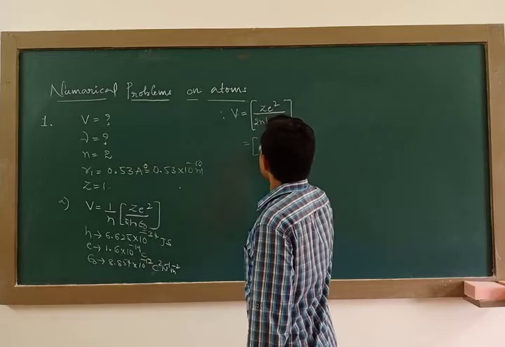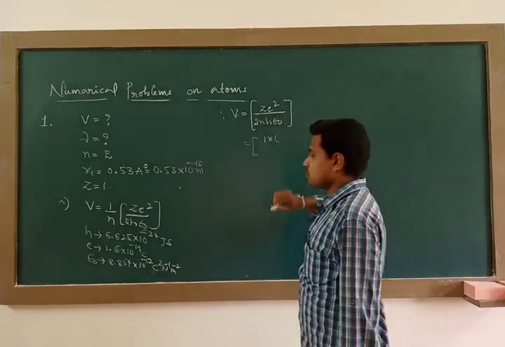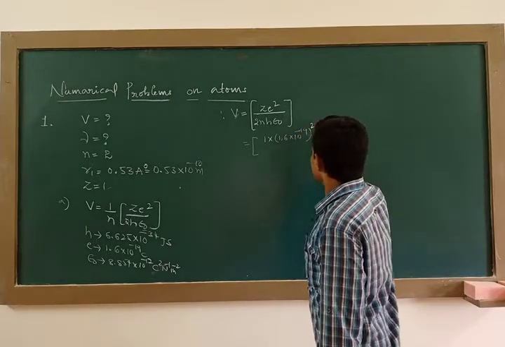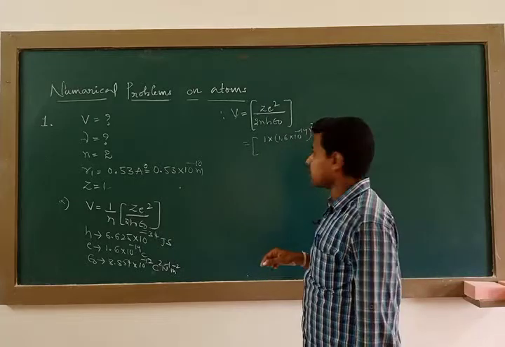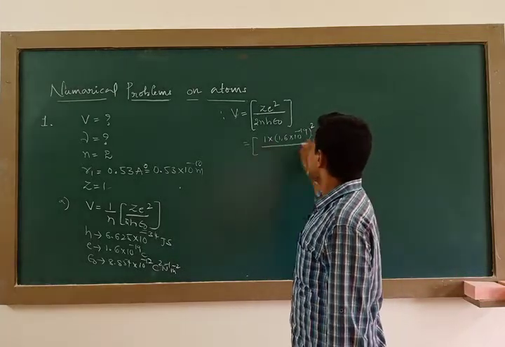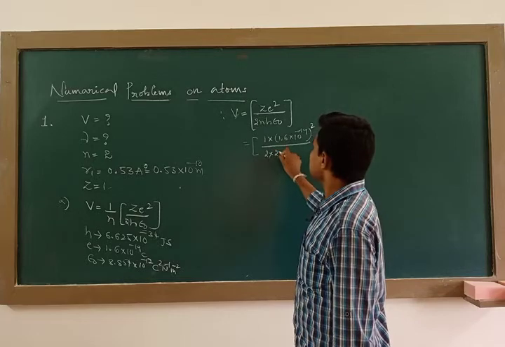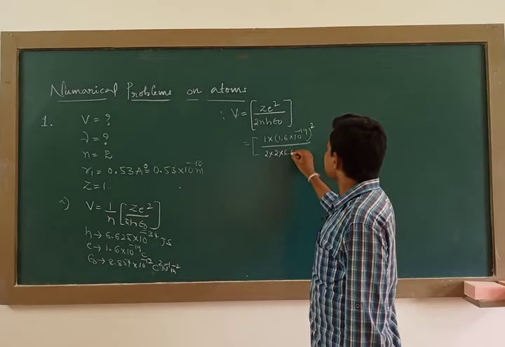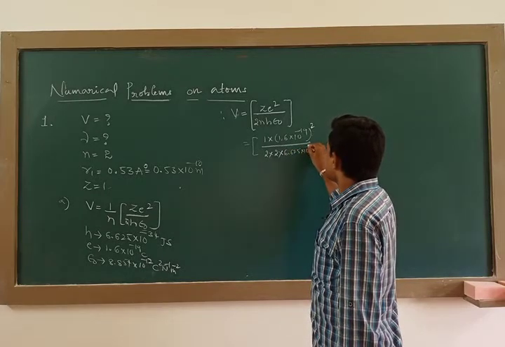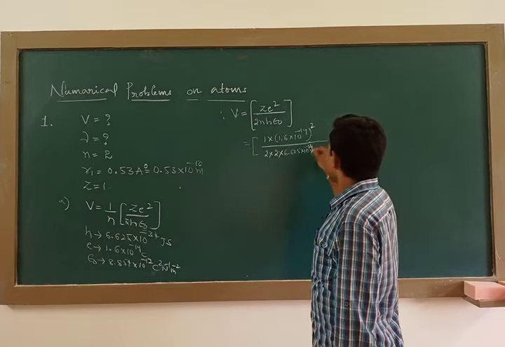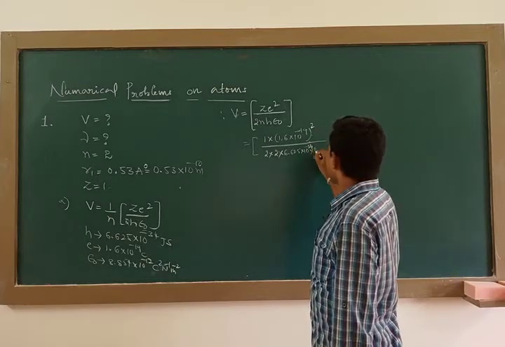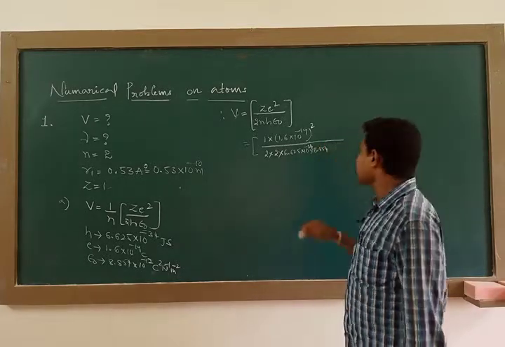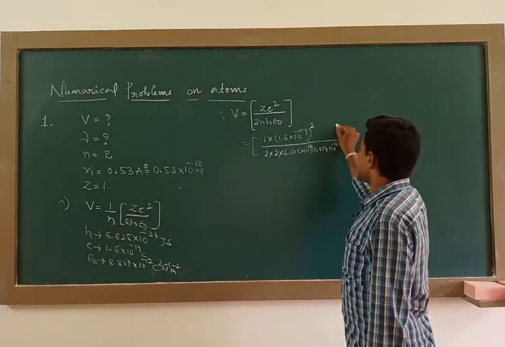Here Z is 1, the charge of the electron is 1.6 into 10 raised to minus 19 whole square, divided by 2 into n, that is 2 because it is the second orbit, into 6.625 into 10 raised to minus 34, into the epsilon naught value 8.854 into 10 raised to minus 12.